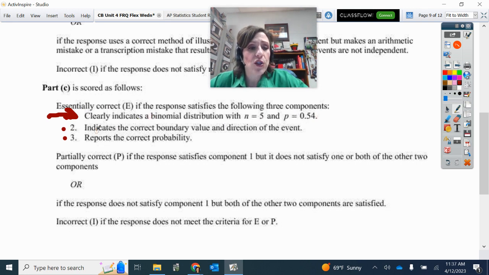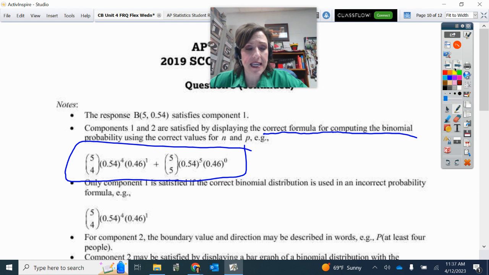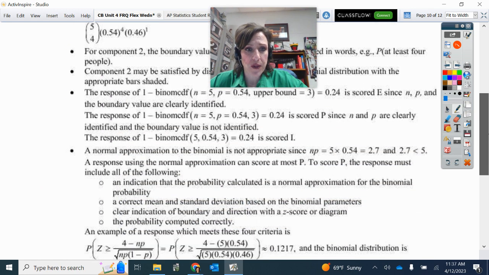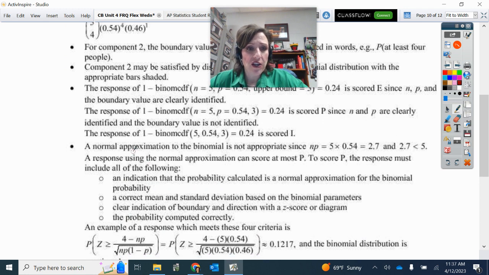But if you did that and then you only got one of these other parts, 2 or 3, then you get a partial. See here in the notes, this right here gets you components 1 and 2 satisfied. Then you just had to give the correct answer. And look at here, if the response is this, you get nothing. Okay, so that's worth noting.